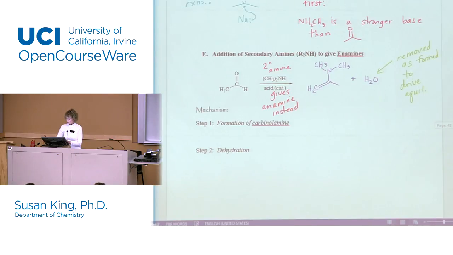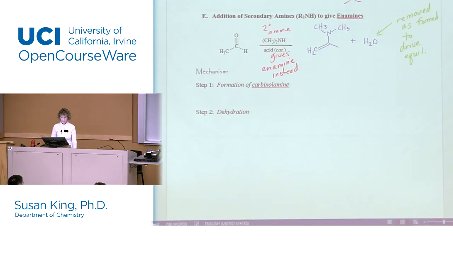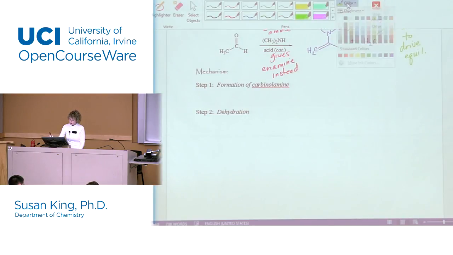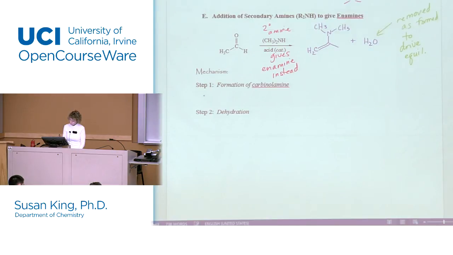All right, so mechanism. The first step, formation of the carbonylamine, is exactly the same as step 1 for imine formation. The second step is dehydration, and every step except for the very last one is also going to look like imine formation.